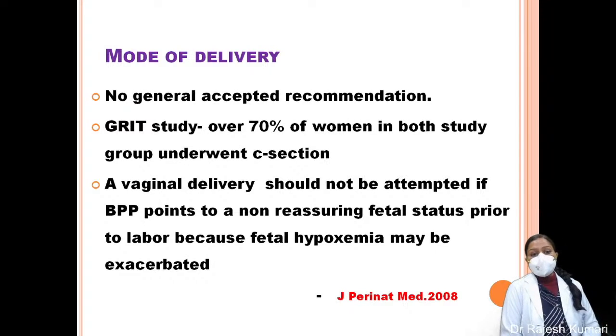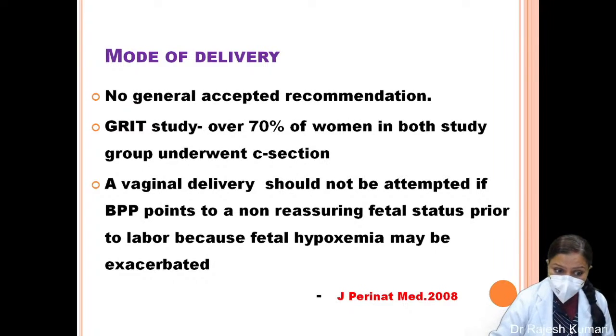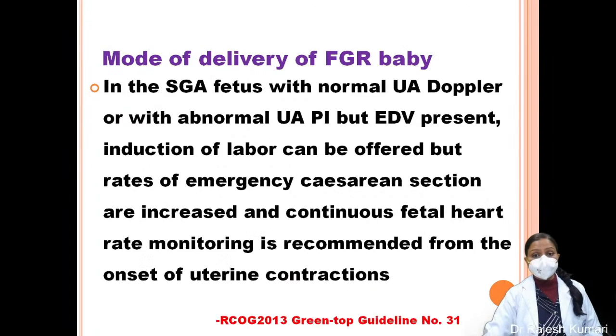No journal has accepted a recommendation for mode of delivery. In one study, over 70% of women in both study groups underwent C-section. Vaginal delivery should not be attempted if there is a poor biophysical profile or non-reassuring fetal status prior to labor, because fetal hypoxemia may be exacerbated.